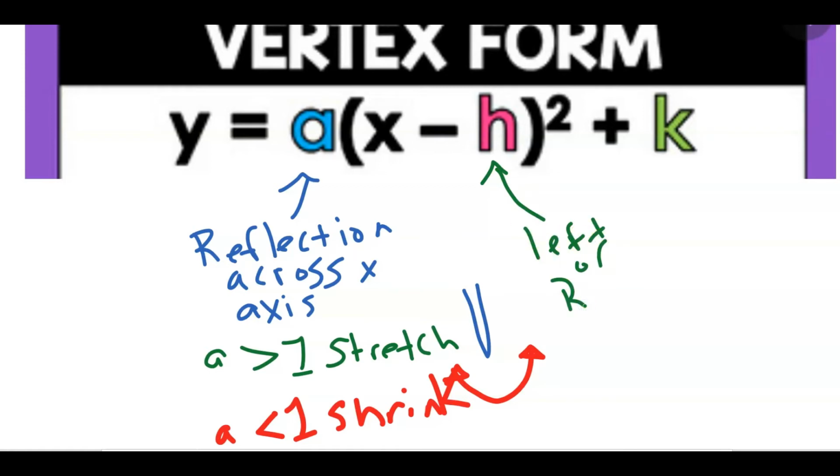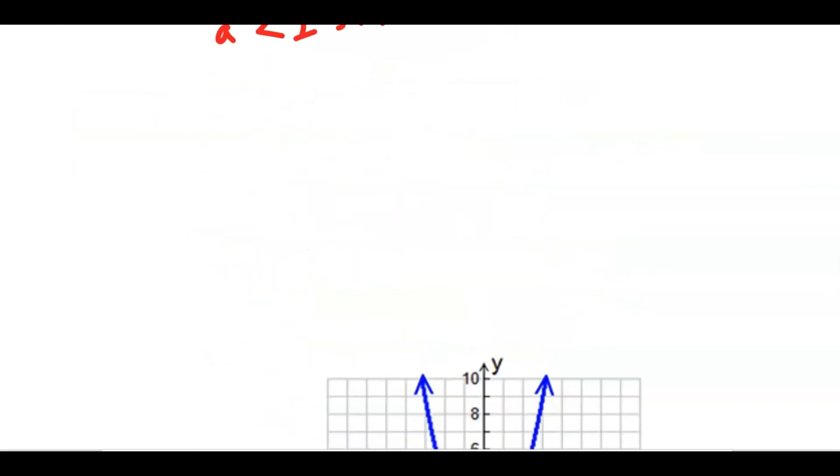This is just side to side. That's all that this is changing. Okay, but now it's going to help to understand that this negative is in the formula in vertex form. There's a negative there. So if you see negative h, or let's say for example, this is my parent graph down here.